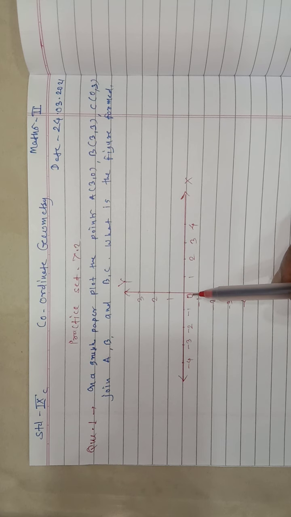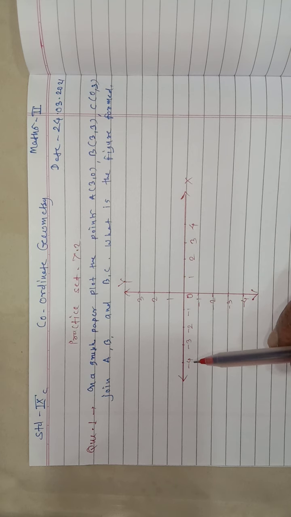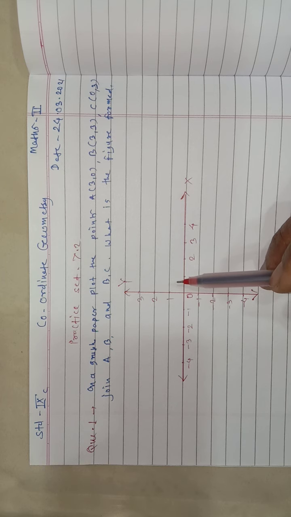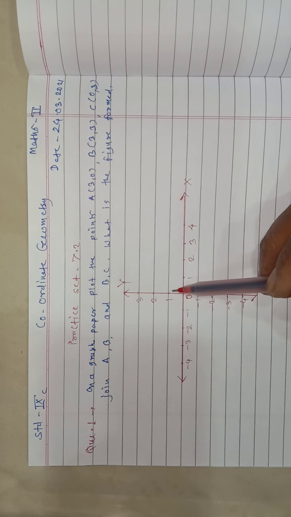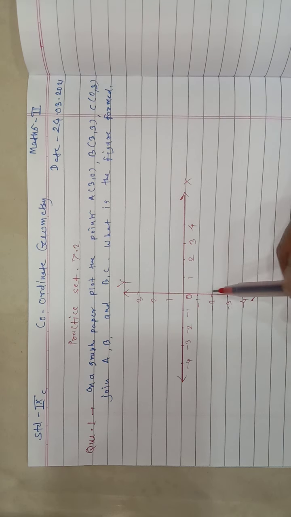On the x-axis we write 0, 1, 2, 3, 4, and to the left of the y-axis we write -1, -2, -3 and -4. Above the x-axis on the y-axis we write 0, 1, 2, 3, and below the x-axis -1, -2, -3 and -4.